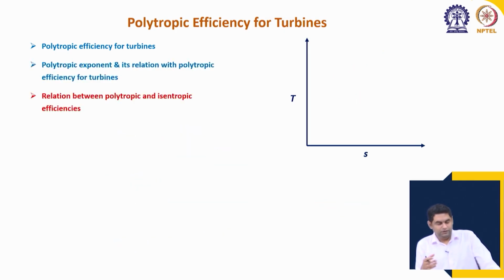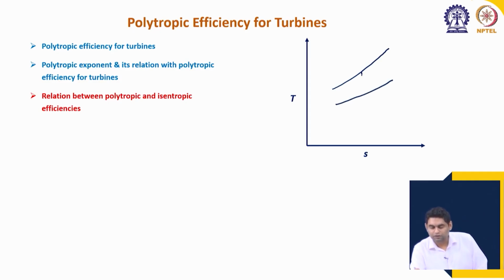So, the last point is that we want to relate the polytropic and isentropic efficiencies for a turbine. Again, I will draw quickly because it is the same thing. Going from 3 to 4, 4S is the isentropic process and 4 is the polytropic or actual process.